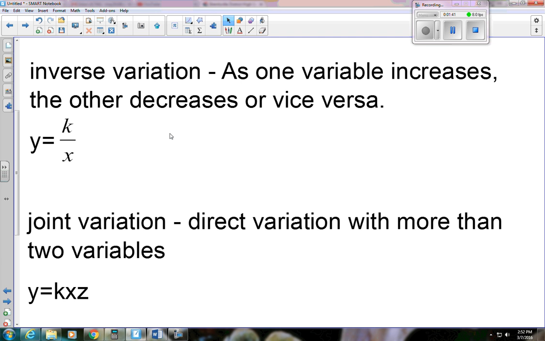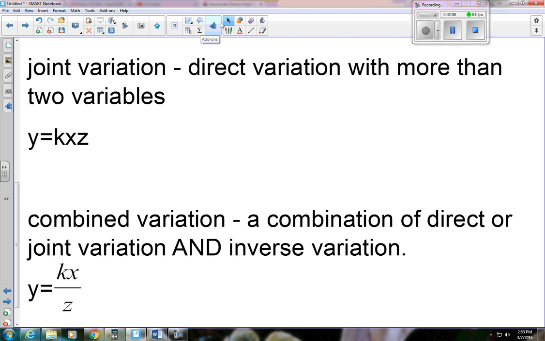Well, then it would take each person only 20 hours, as opposed to if it were only one person, it would take the full 200 hours. So as the number of people increases, then the number of hours that you have to paint decreases. So that would be an example of inverse variation, and this is the formula for it.